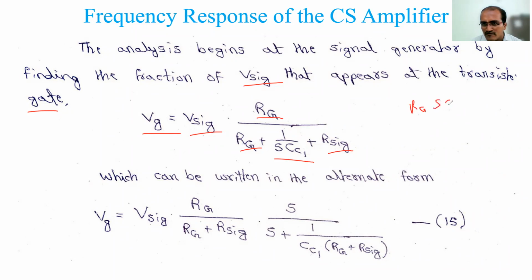In the denominator you will have 1 plus, and RG plus R signal into SCC1 will come. I have not written this step, but I hope you are understanding. R signal into SCC1, taking the LCM, will come. So this is now written in the STC form.